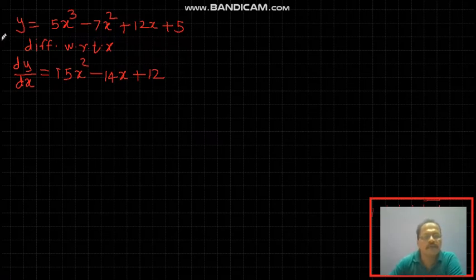So the first derivative y dash or dy by dx of this is 15x square minus 14x plus 12.